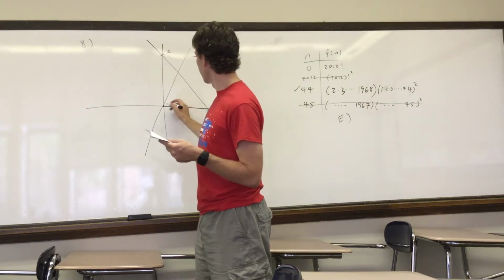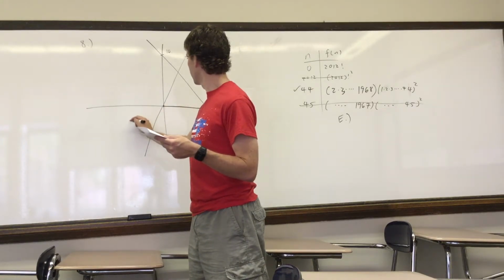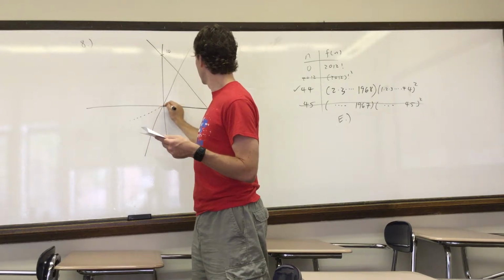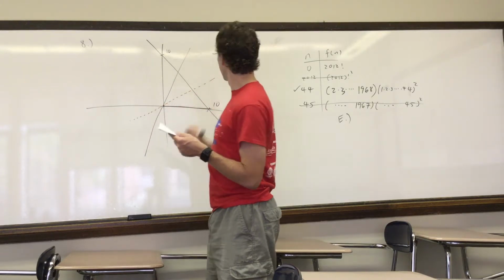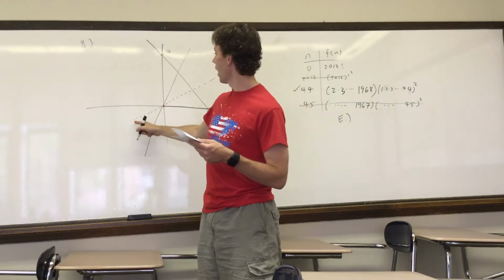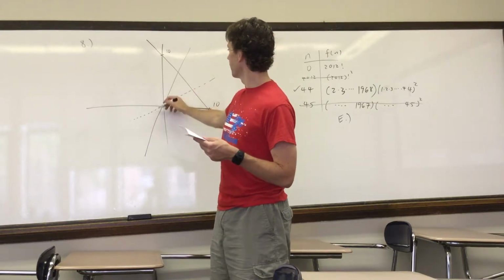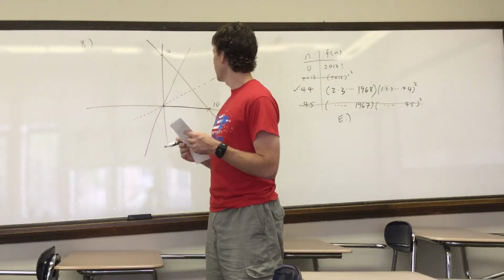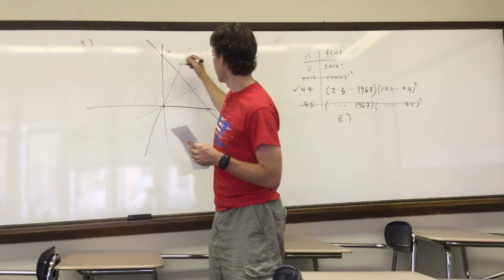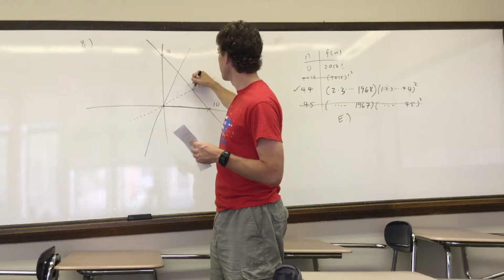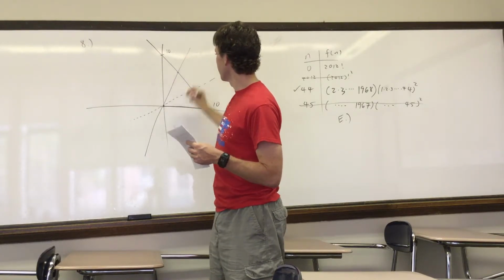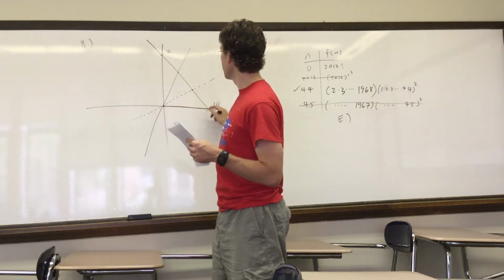So I'm looking for the line that goes through the origin that cuts this triangle exactly in half. All right. So what I think I want to do is I want to find the area of the triangle. The base is 10.